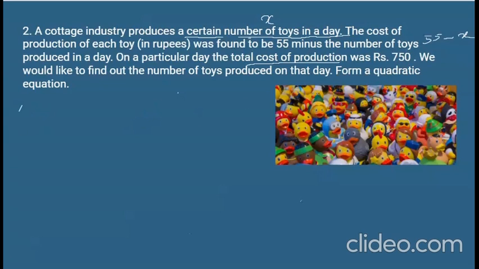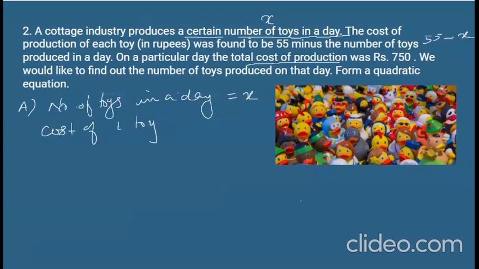So let's write the steps. Number of toys in a day, first statement: number of toys in a day is equal to x. Now cost of one toy. Cost of one toy is equal to 55 minus x. So you can see that for the first and second part we can define the variables.